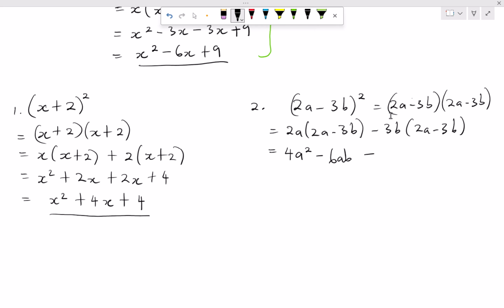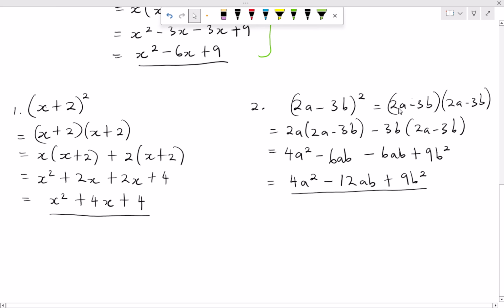Minus 3b times 2a, that's 6ab. Minus and minus gives us a plus, 3 times 3, that's 9b squared. So we have 4a squared minus 12ab plus 9b squared. This becomes our final answer.